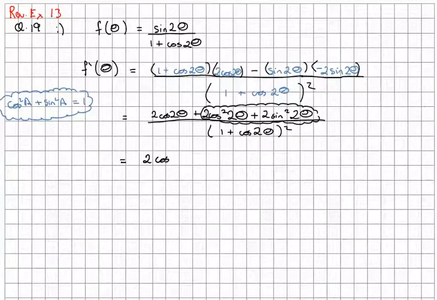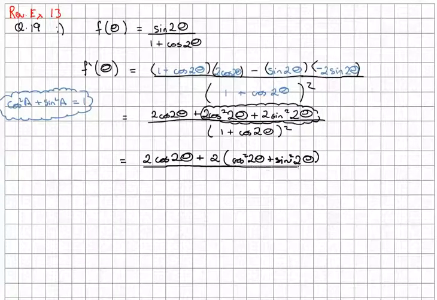Alright, top line, 2 cos 2 theta plus 2 times cos squared 2 theta plus sine squared 2 theta. That's all over 1 plus cos 2 theta being squared. And again, all this in here is just 1. That's from page 13 in the logs.